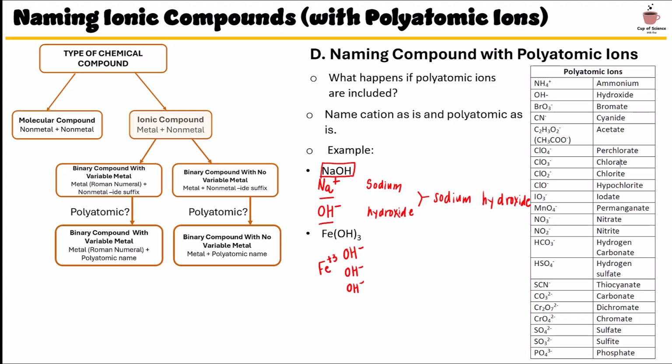So therefore, iron and 3 hydroxide, this is a variable metal because iron has the ability to carry +2 charge as well. So this would be considered to be iron, Roman numeral number 3, just like what we have done before. And instead of a monoatomic ion, now we have a polyatomic ion. So now it's hydroxide. So I'm going to write hydroxide.